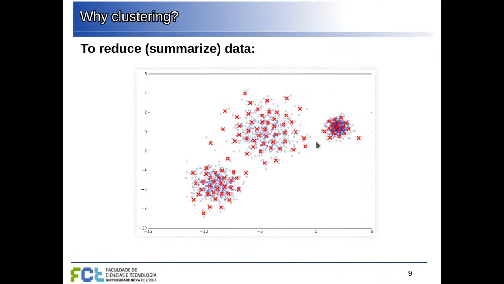For example, suppose that we have these clouds of points in blue here, but there are too many points. We want to keep the same shape of the data, but we want to use fewer points for that, because we want to optimize some process, or we don't want to use so many of them to save memory or something like that.